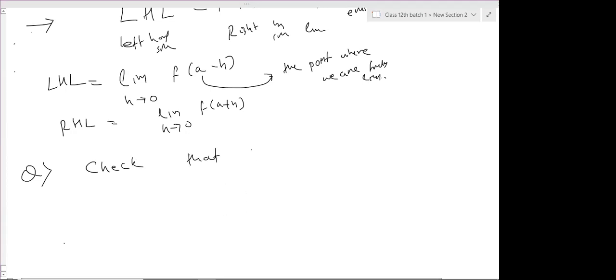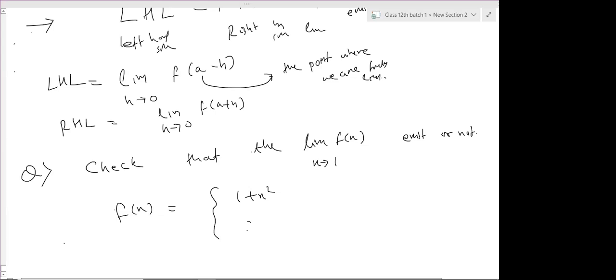The question says, check whether the limit of f of x as x tends to 1 exists or not. f of x is 1 plus x square for 0 less than or equal to x less than or equal to 1, and 2 minus x for x more than 1. All right. Write this question down.